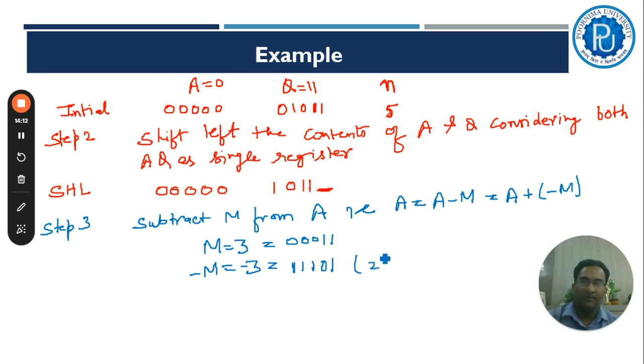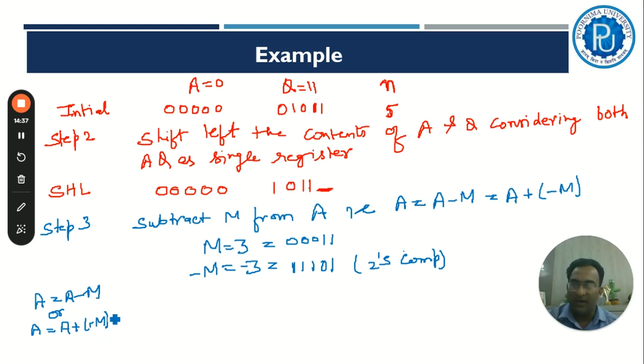We are taking the 2's complement. Okay, now step number 3 is we have to subtract. So we are performing A equals to A minus M. Or you can say that A equals to A plus minus M there.